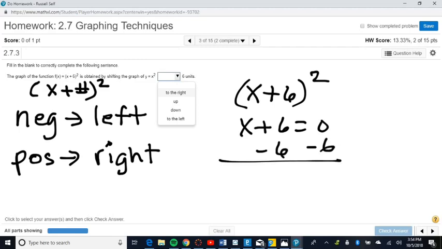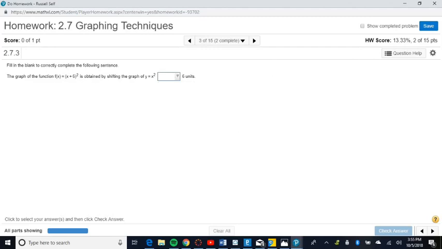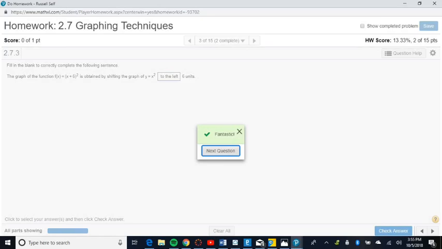Solve it for the x, gives us negative 6. So this 6 looked positive when it's inside the parentheses, but when we pull it away from its x, it becomes a negative. So we're not going to be shifting to the right, we're going to be shifting to the left. Let's see how that works and make sure I get it right. So to the left, check our answer, and there you go.